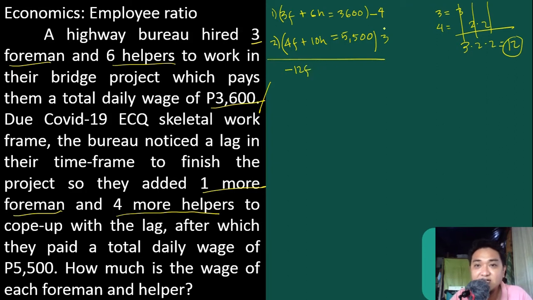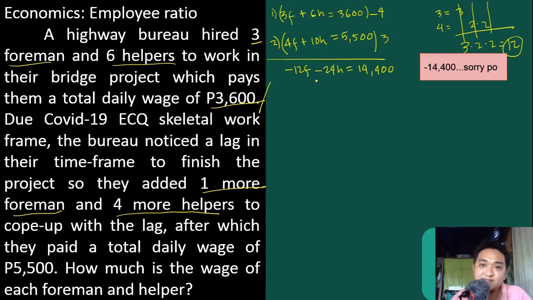Ayan. Now, negative 4 times 6h is negative 24h. Ayan. And negative 4 times 3,600 will be equivalent to 14,400. How about the second linear equation?